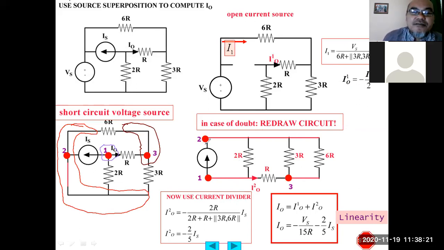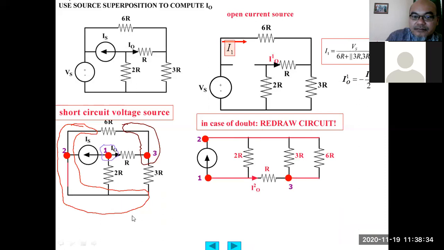Let us try drawing it. We draw the current source first, like this.